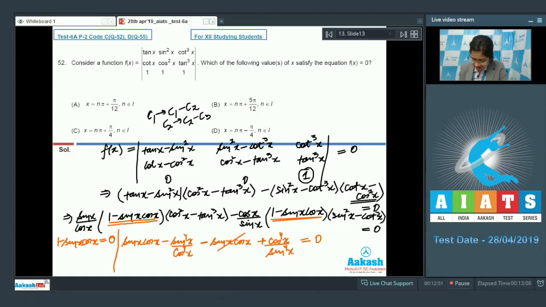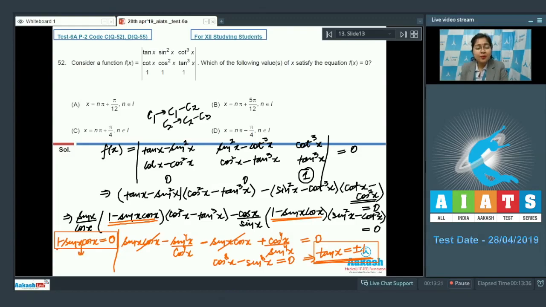So here it can be seen that these two will get cancelled. Taking LCM, we can say that cos 8x minus sin 8x is equal to 0, which means that tan x raised to the power 8 is equal to 1. That is, tan x should be equal to plus minus 1. So these are the two solutions that we get, either this one or this one.